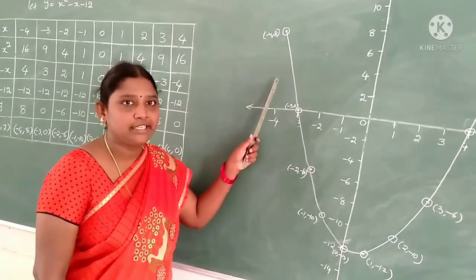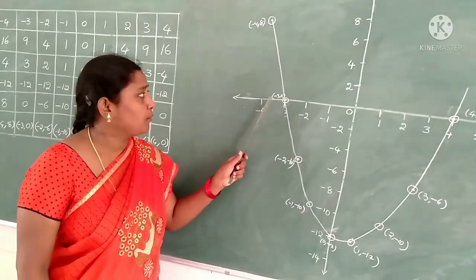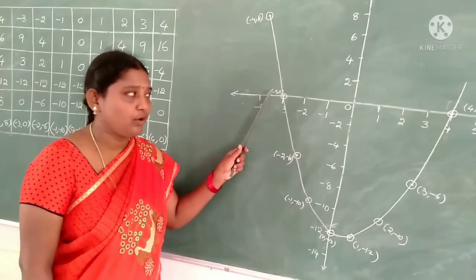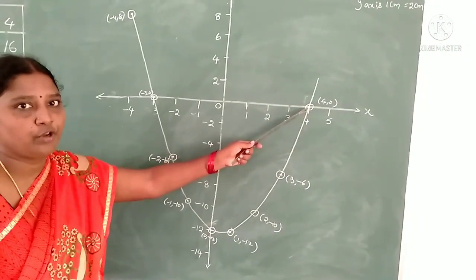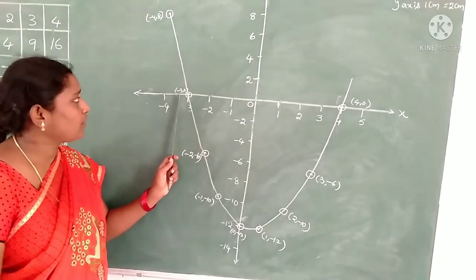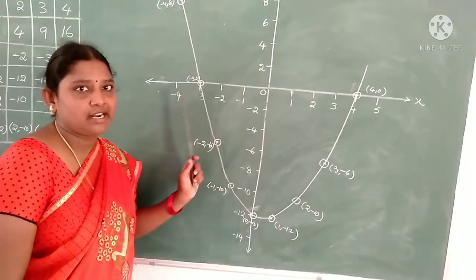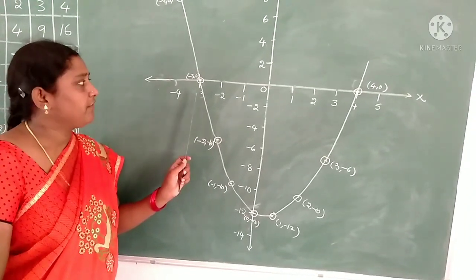Now the graph intersects the x-axis at 2 points. One point is -3, 0 and another point is 4, 0. So the x coordinates are -3 and 4. These are called the zeros of the given polynomial.